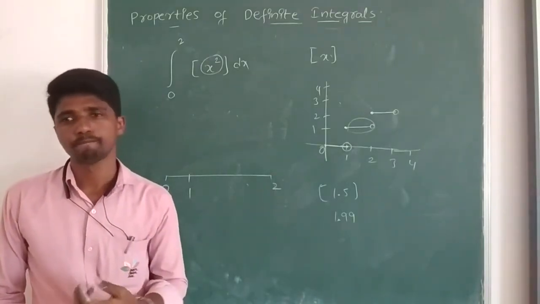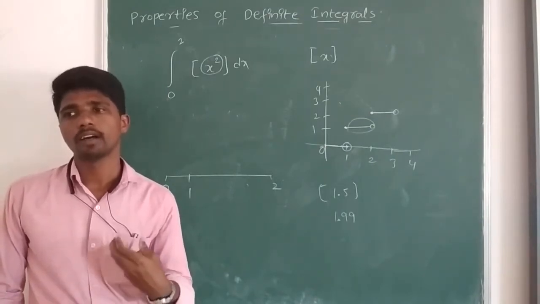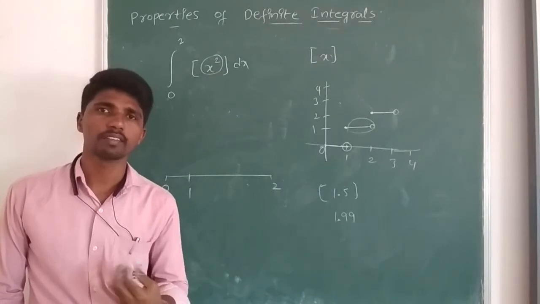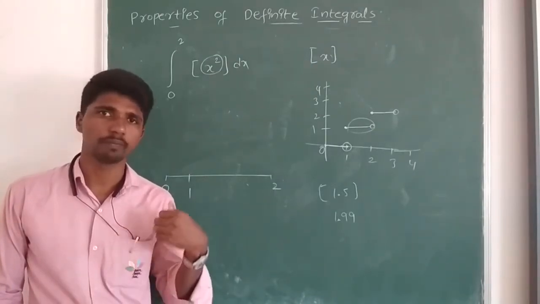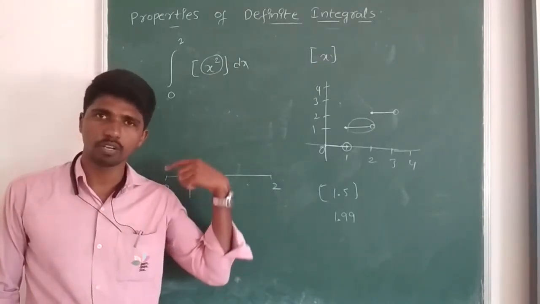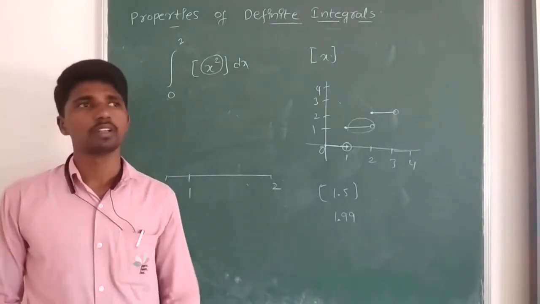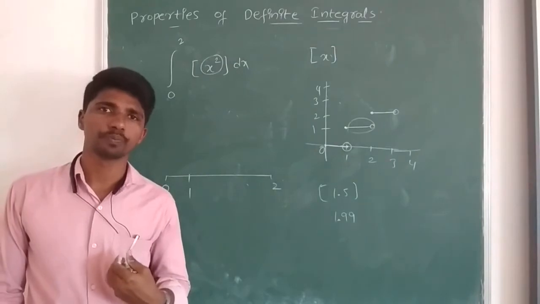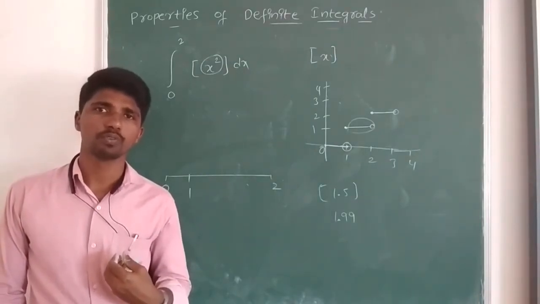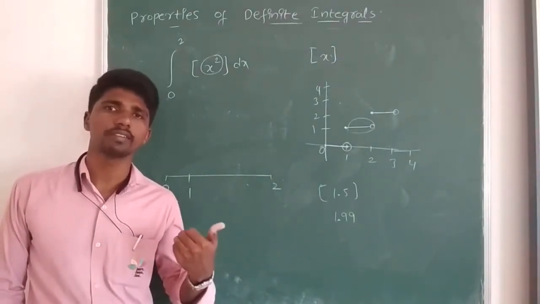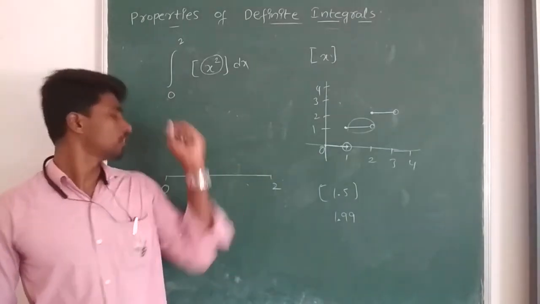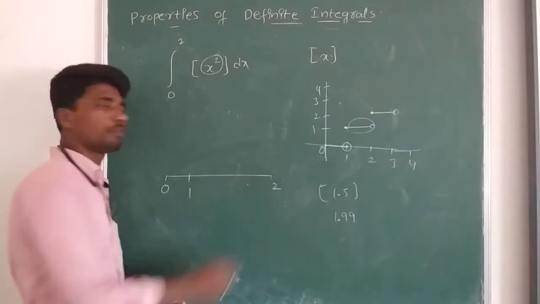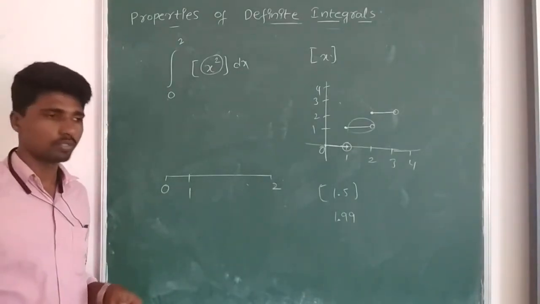Okay, root over 1 is equal to 1. Minus 1 I can't take because it's not lying between 0 and 2. Next, square root of 2. If I take the square, I get 2. Root 2 lies between 0 and 2, understood?